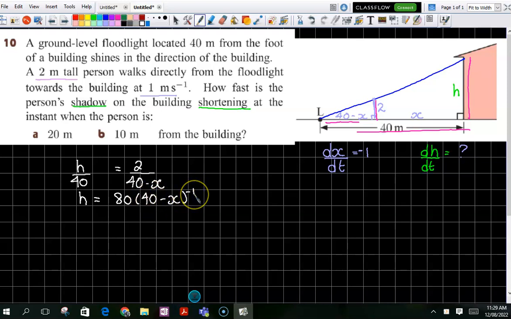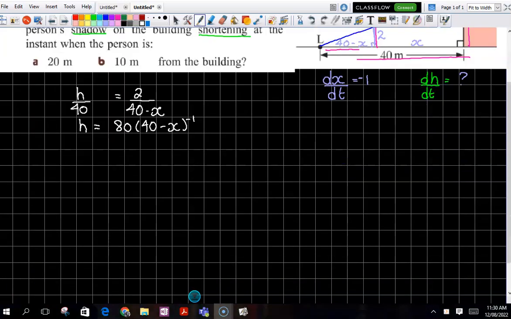Why wouldn't I cross multiply and get rid of that minus 1? Because then I'd have an H times an X, and then I'd have to use the product rule, which I would avoid. I'm sure it would work out in the long run, but that's probably better. Would you agree? Okay, so go ahead and differentiate that, please.